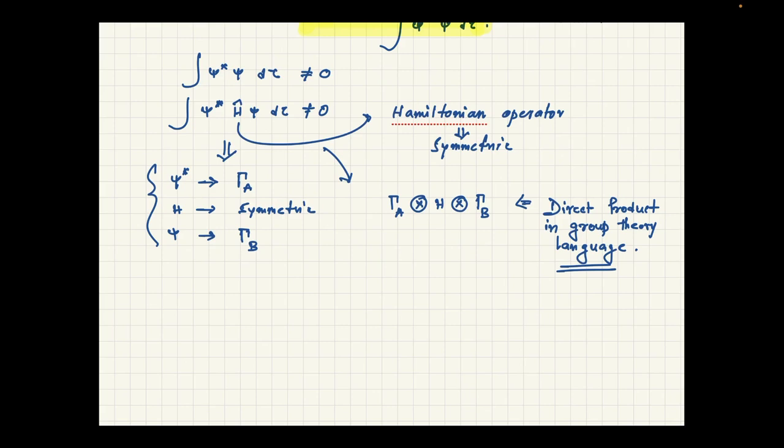Totally symmetric representation means all the characters of all the symmetry operations are 1, so that irreducible representation is symmetric with respect to all symmetry operations belonging to that symmetry group.